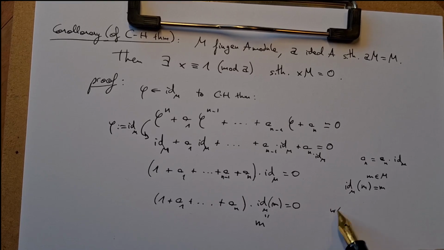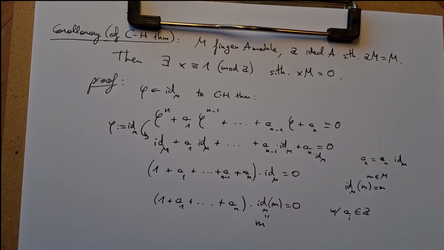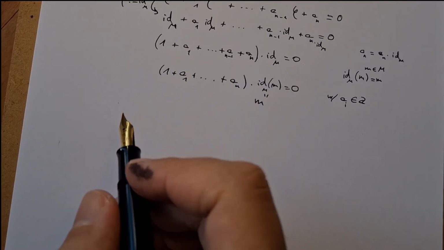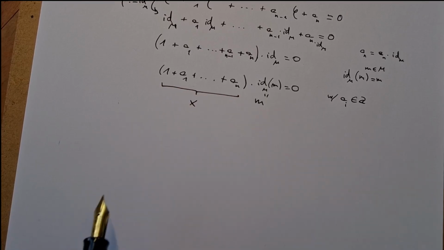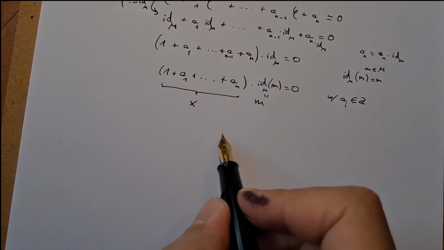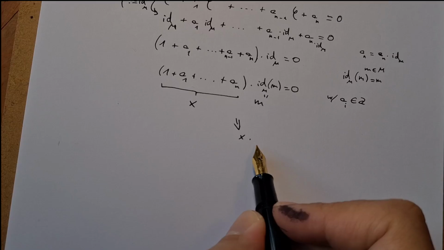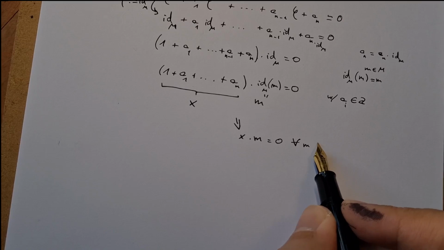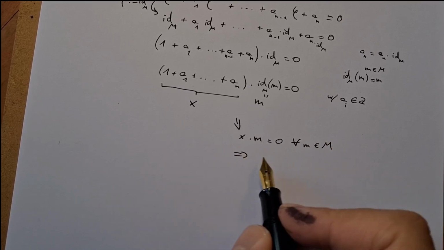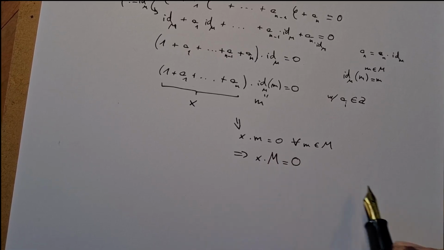And all the a_i's are elements of the ideal A. Now, if we denote this by x, what we have is that x multiplied by m equals 0 for all m in M, which is as if we say that x multiplied by the entire module equals 0.